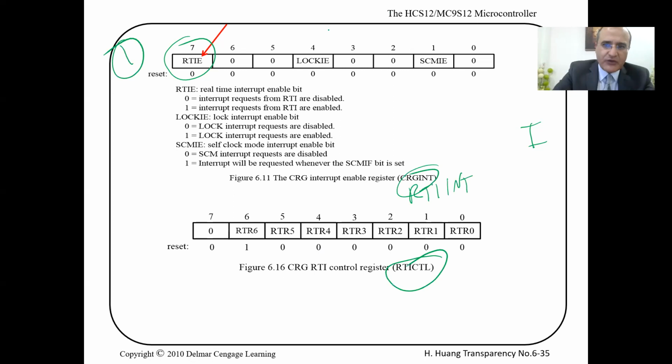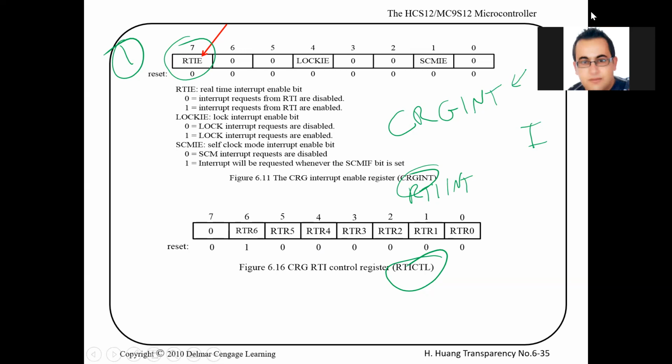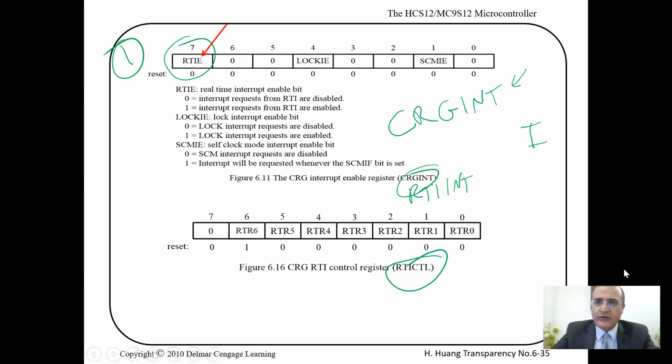So here in this register, what do we want to do? CRG int. What do we want to write here? 0x80, just to enable. RTI control. What do we write here?